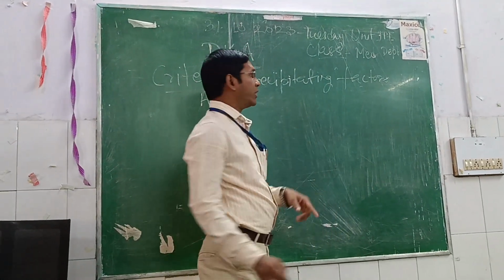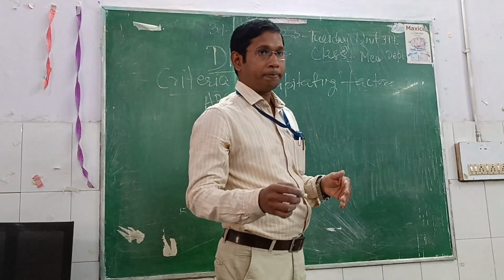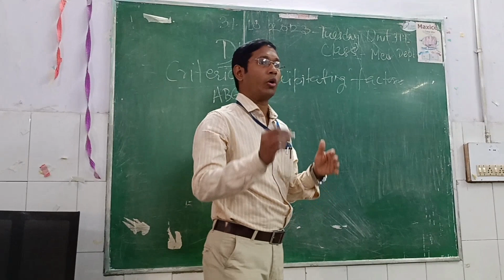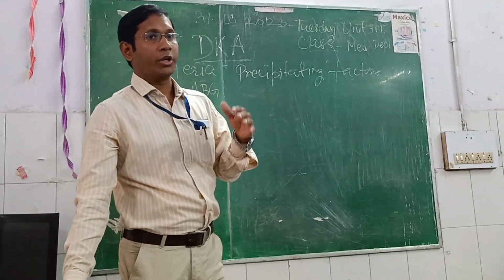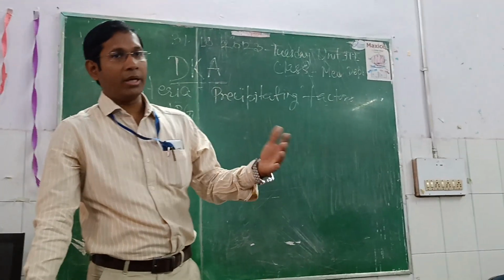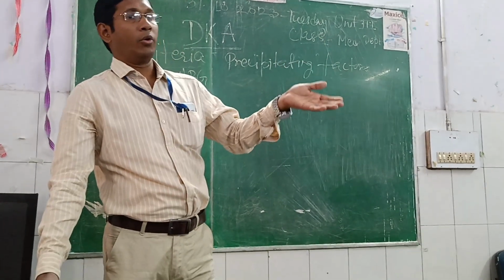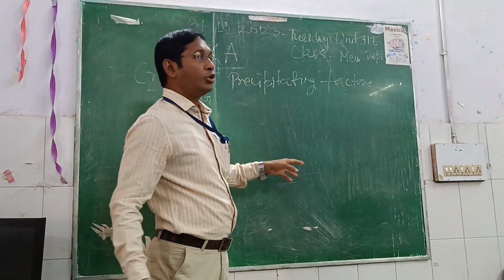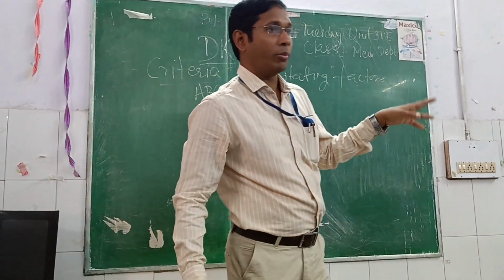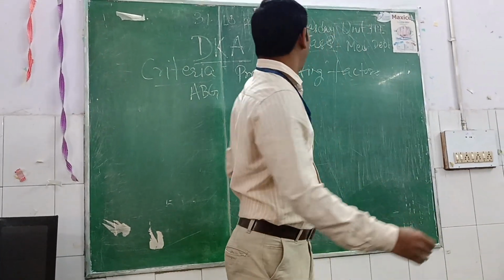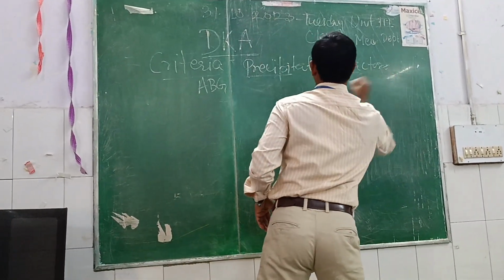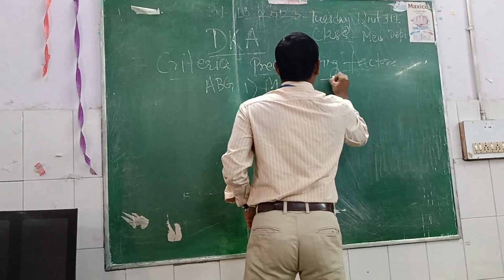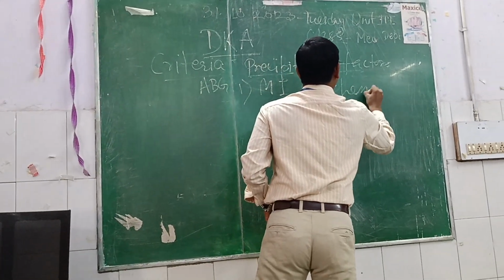You do ECG and you find ST depression in two consecutive leads or T wave inversion in two consecutive leads, then it becomes ischemia. Or when you have frank ST elevation MI, then in that case you should also do the ABG of the patient to rule out diabetic ketoacidosis. So precipitating factors can be myocardial infarction or myocardial ischemia.